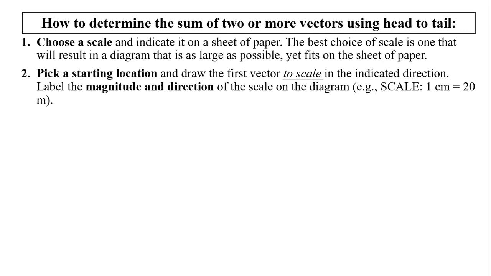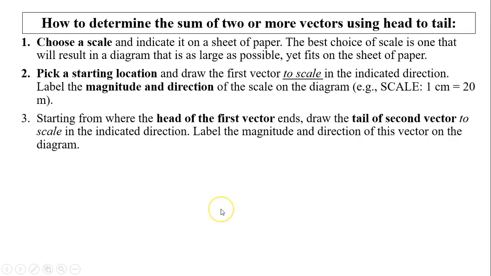Make sure that everything fits on your paper. You need to label the magnitude and direction of the scale on the diagram. For example, you can say 1 centimeter equals 20 meters, or 1 centimeter equals 5 meters, and so forth.